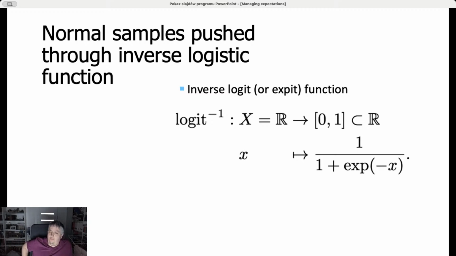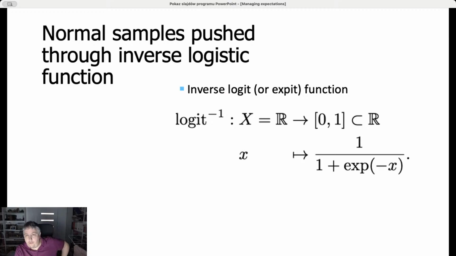So, for example, transforming samples from the normal distribution through the inverse logit, the classical problem of transforming from real numbers to the 0, 1 interval, of course causes the situation that while the original values before transformation, real numbers, had a normal distribution, the transformed variables within the 0 and 1 interval will not. They will have a transformed distribution, and that transformed distribution will require analytical computation.